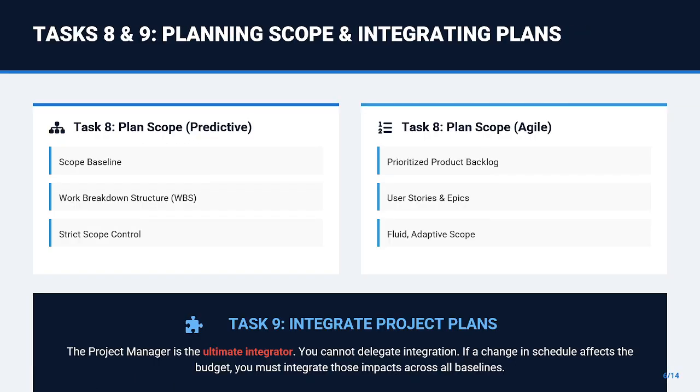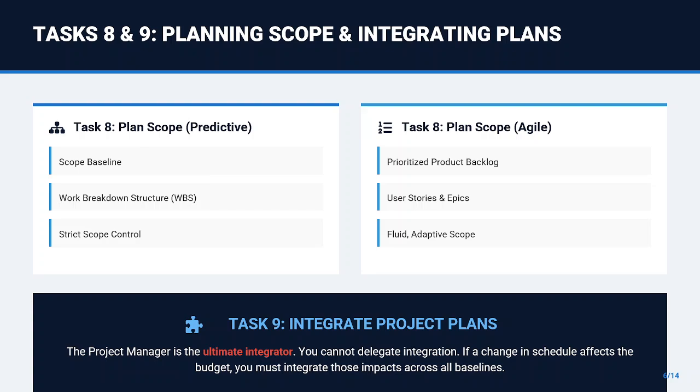Task 8 is planning and managing scope. In predictive, scope is strictly defined in the scope baseline and the work breakdown structure, the WBS. In Agile, scope is fluid and managed via the prioritized product backlog.